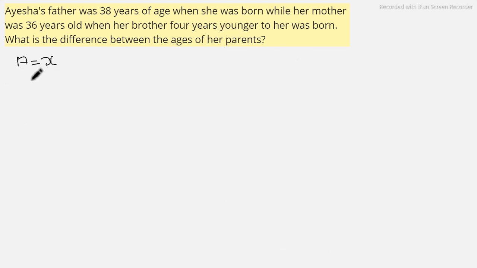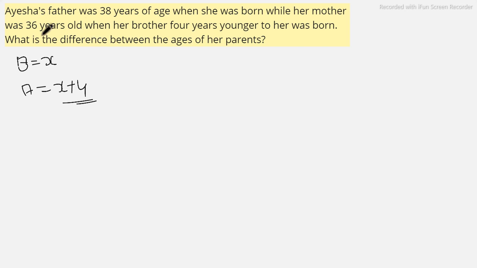So we'll take the brother's age as X. So Aisa's age will be X plus 4, right? She is 4 years elder to her brother. So if the brother's age was X, she is X plus 4 years.